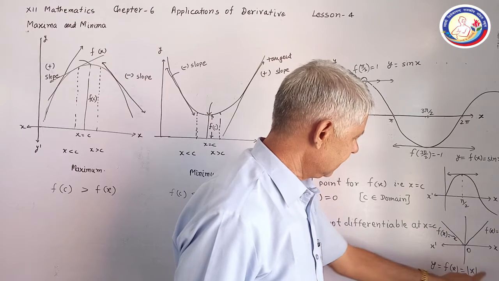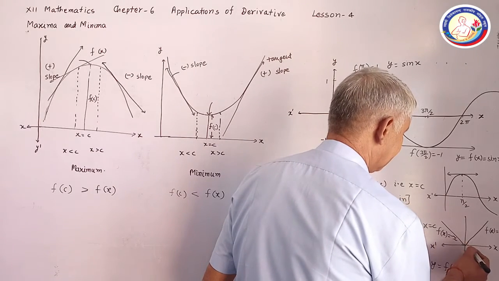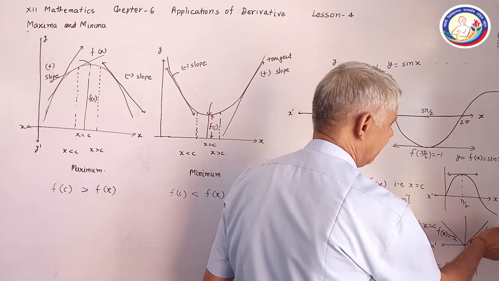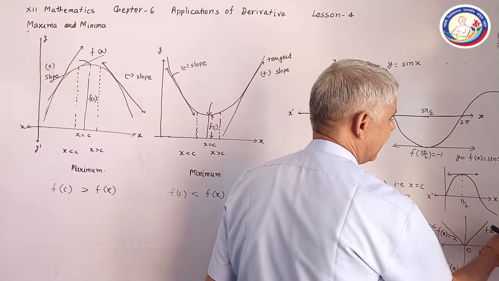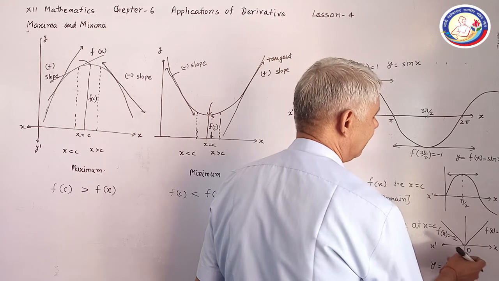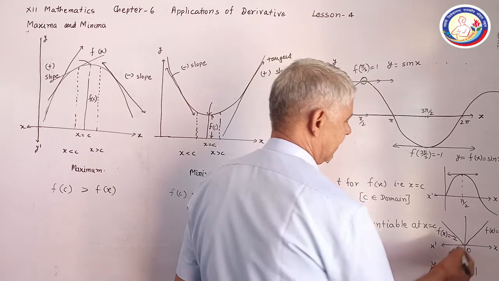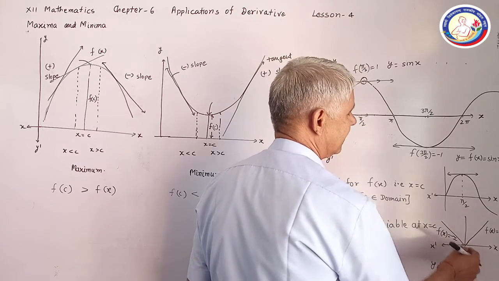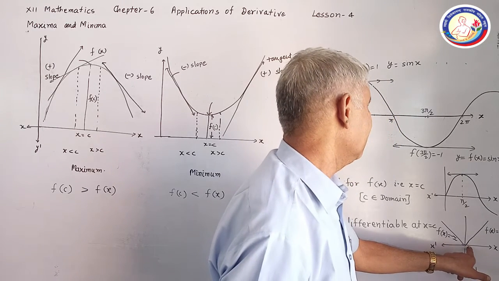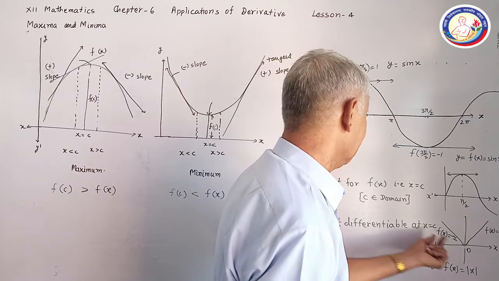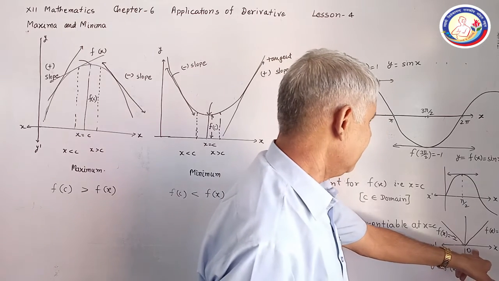Modulus of x is f(x) = x for values greater than or equal to 0, and for values less than 0 it is minus x. This function is not differentiable at x equal to 0, but the value is minimum here, as we see in the graph of this function. So the function is not differentiable at x equal to 0. This is the meaning of a critical point.